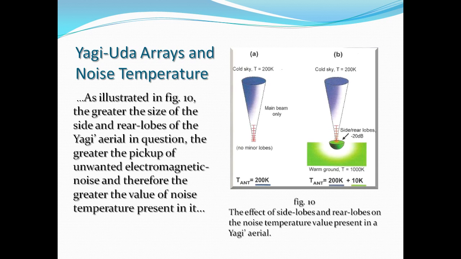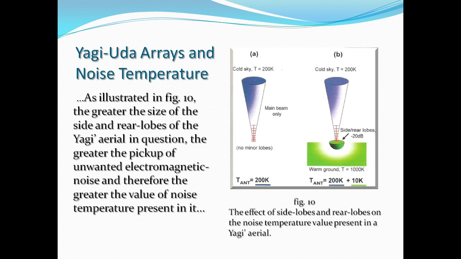In part B of the Figure 10 diagram, the Yagi concerned has side or rear lobes that are 20 decibels down from the main lobe of the Yagi in question, the Yagi being orientated towards a radio cold sky of 200 Kelvin, the warm ground at the back of the Yagi being of a noise temperature of 1000 Kelvin.